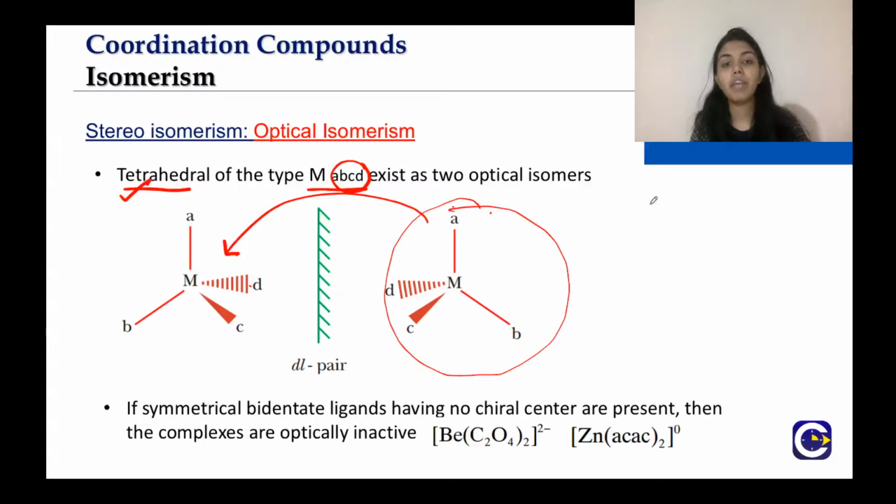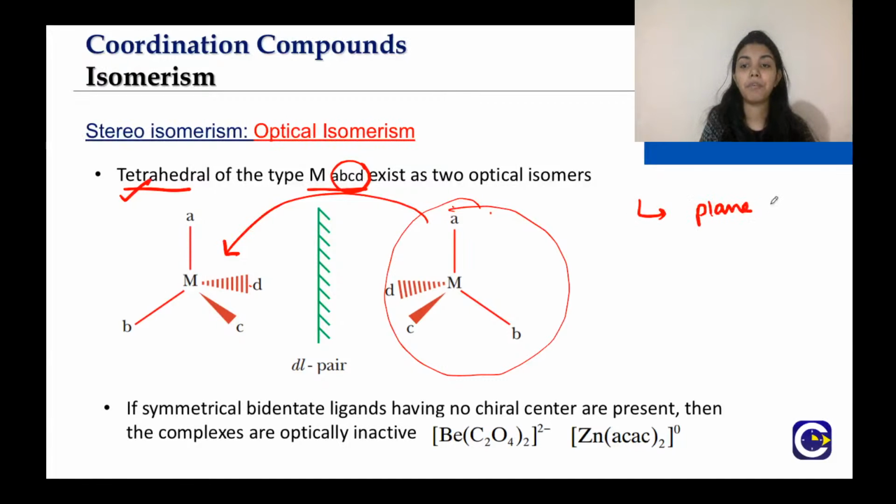Or the other way in which you can find out whether a particular complex is optically active or not is to find out a plane of symmetry. If the complex has a plane of symmetry, then it will be optically inactive. That means it will not have an optical isomer, right?